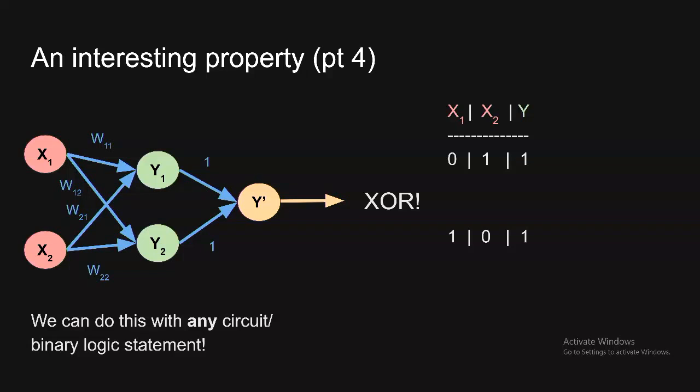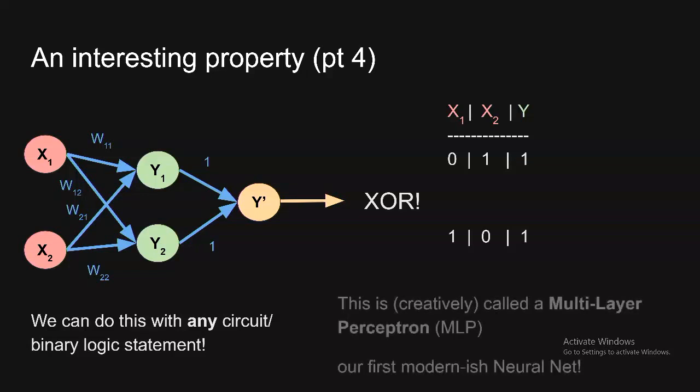We can cover any digital circuit you could possibly think of. So this concept of stacking these perceptrons together, we call, very creatively, a multi-layer perceptron, or an MLP. An MLP is the basis of most modern neural networks.